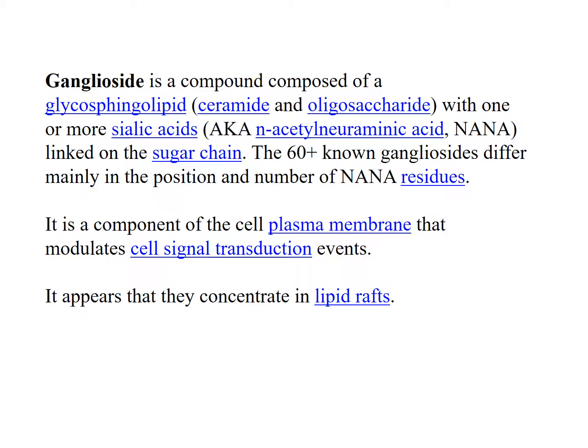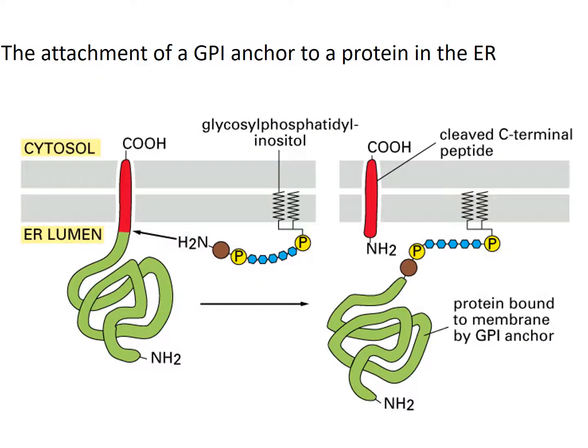There are 60 gangliosides depending on the type of sugars, and it's thought to be involved in lipid rafts and modulates or helps in signal transduction events. So there's a lot of variation here.